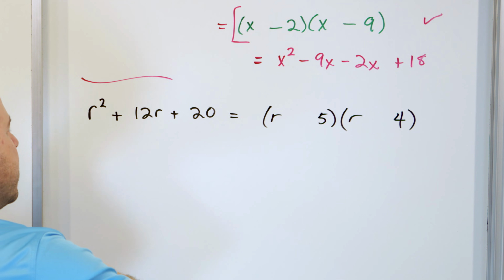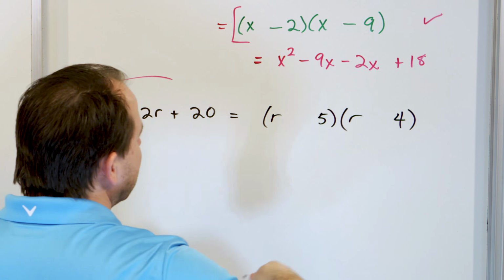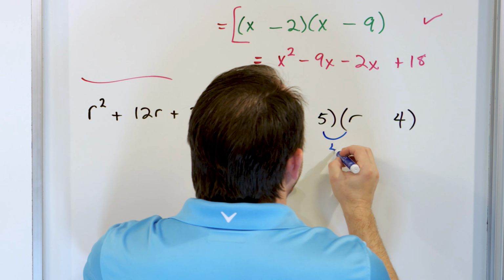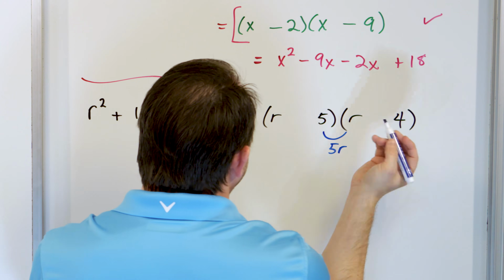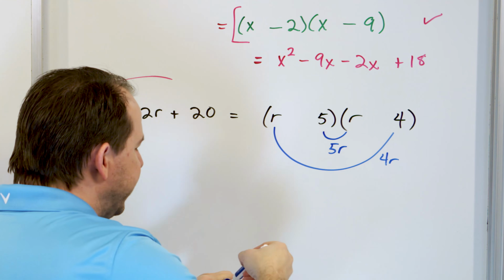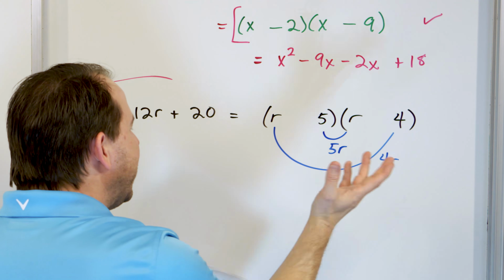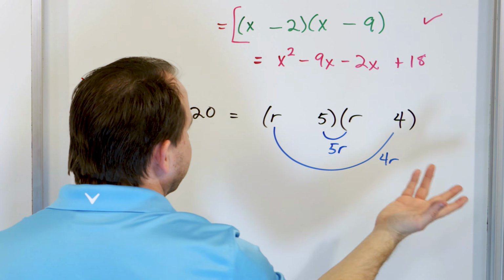But before I even bother with the signs, I want you to do a little exercise. If I leave this in place, these multiplied together will give me 5r. I know there's an r there, but forget about that for now. And then these will multiply together to give you 4r. Now, it is true that I could put pluses and minuses and change the signs of these things, but whatever it is, it's going to be 5r, either plus or minus, and this will be 4r, either plus or minus.